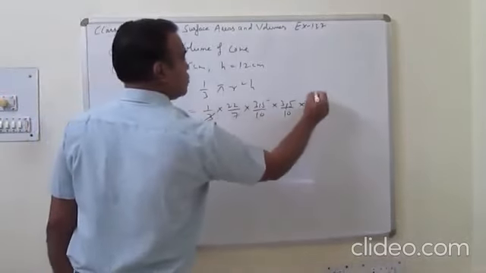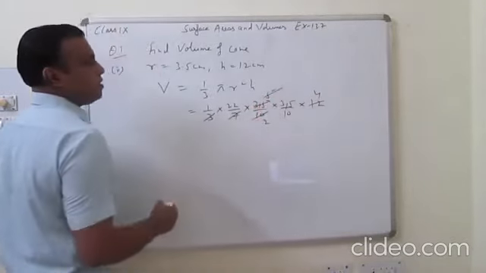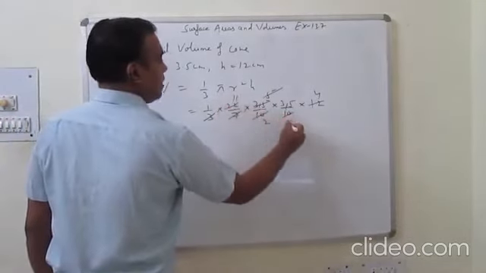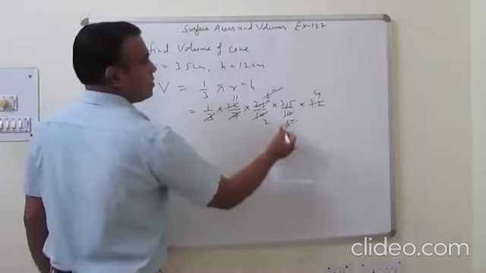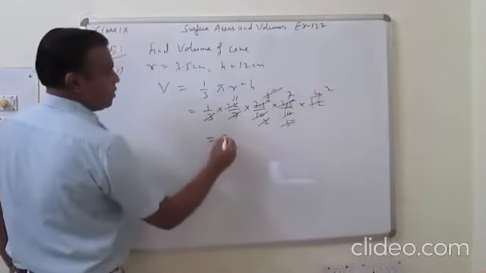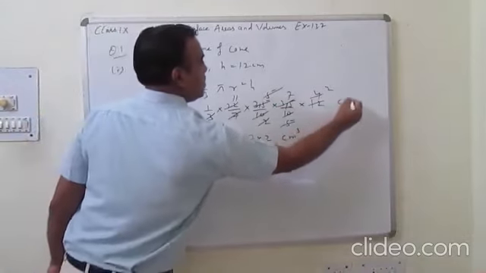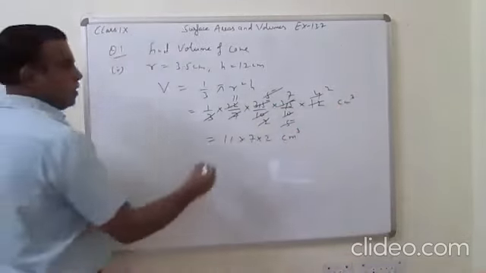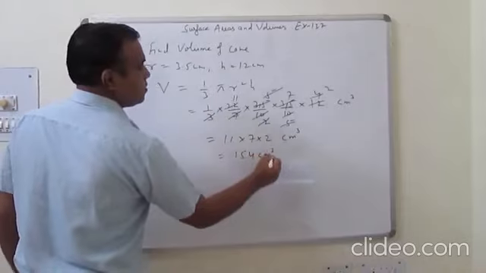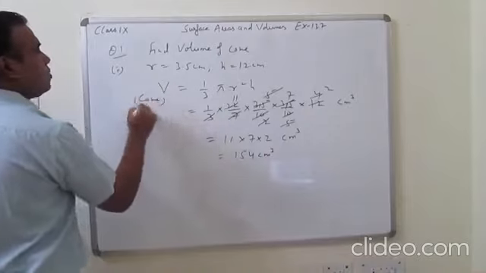You will get 3 4s are 12, 7 5s are 35, 5 2s are 10, so it becomes 11 into 7 into 2 centimeter cube. Now 22 into 7, it becomes 154 centimeter cube. This is the volume of cone.